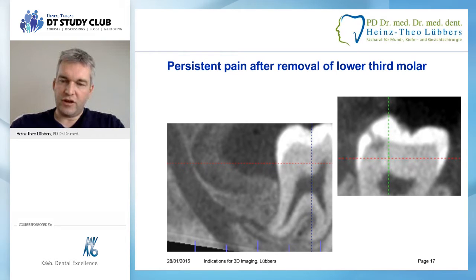We actually found the lesion on the last molar here. The pain had nothing to do with the wisdom tooth removal, just a coincidence in this case. Sometimes things are just a coincidence. And the treatment was easy then, of course. Probably you could have found it without cone beam CT, however, we found it with cone beam CT in this case.